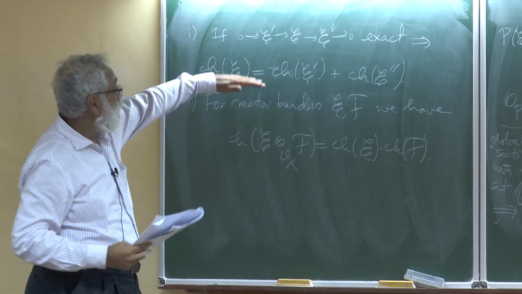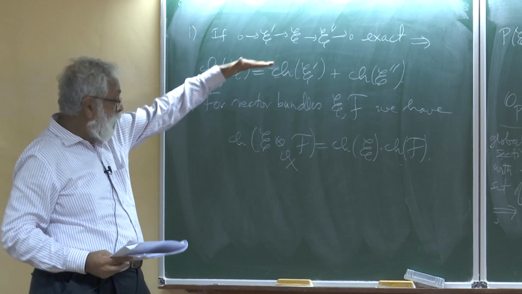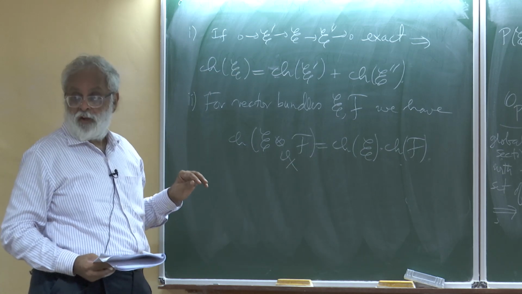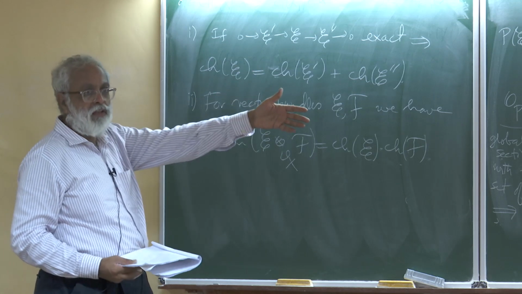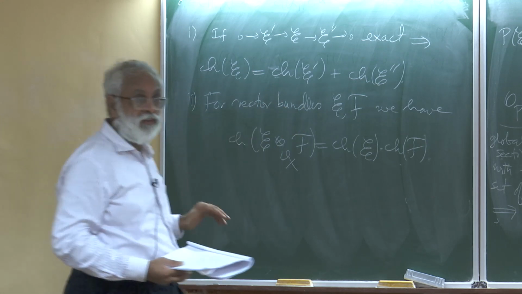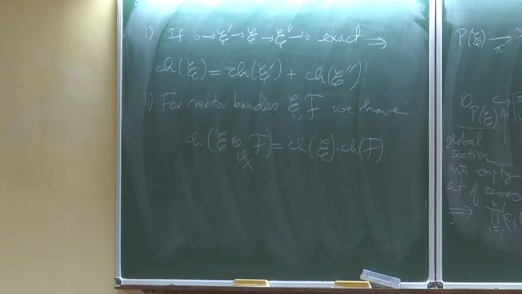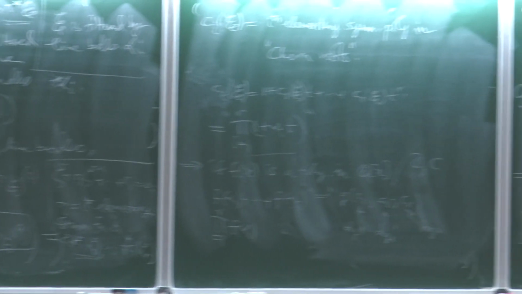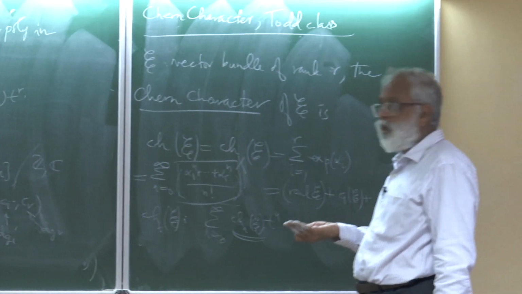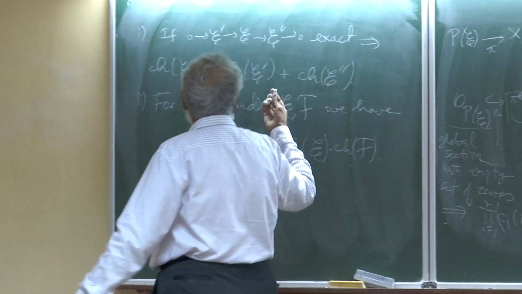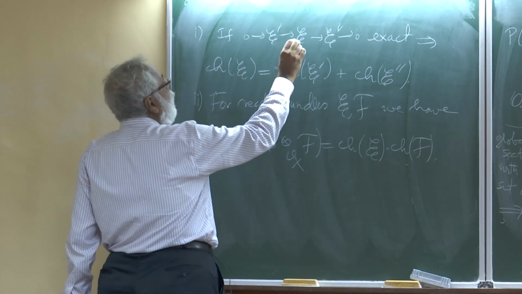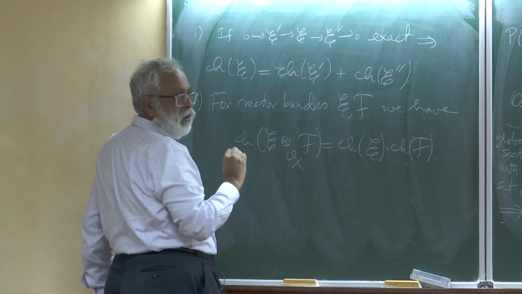Now there are lots of things which might have satisfied this sort of additivity, but at the same time to satisfy this is a non-trivial property. So the Chern character is very basically characterized as the operation which does both of these things at the same time, roughly. So let's see why they are true. For the exact sequence it's obvious, because if I have a short exact sequence like this, one way of saying it is that the total Chern class of this is the product of those two total Chern classes.